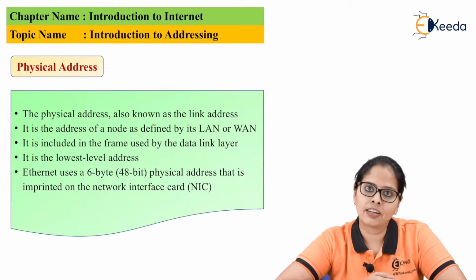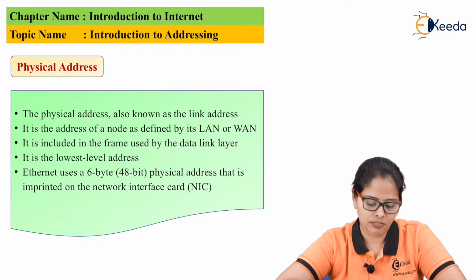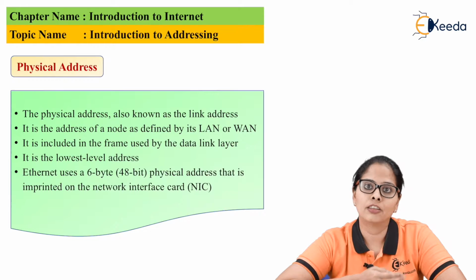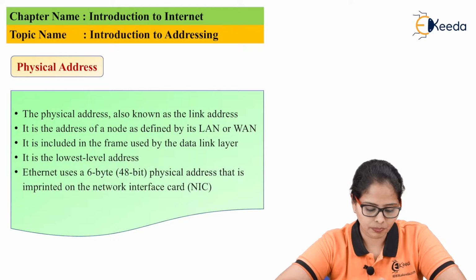So this is the address of the particular node that is defined by the LAN or WAN. It is included in the frame used by the data link layer. The data link layer converts the data into frames, and in each frame it will assign the physical address of the source as well as the destination.